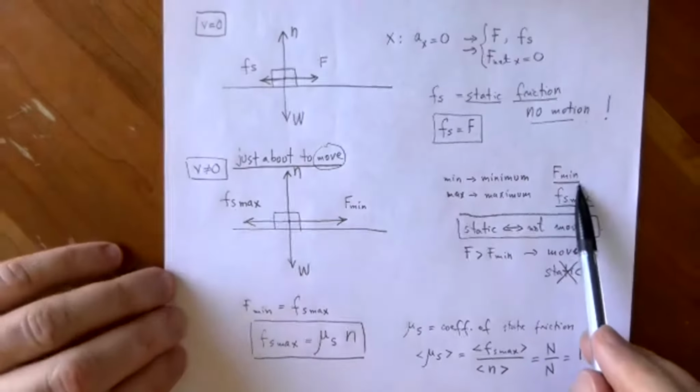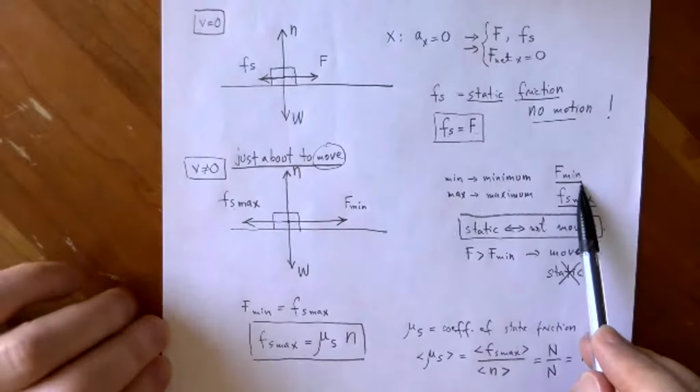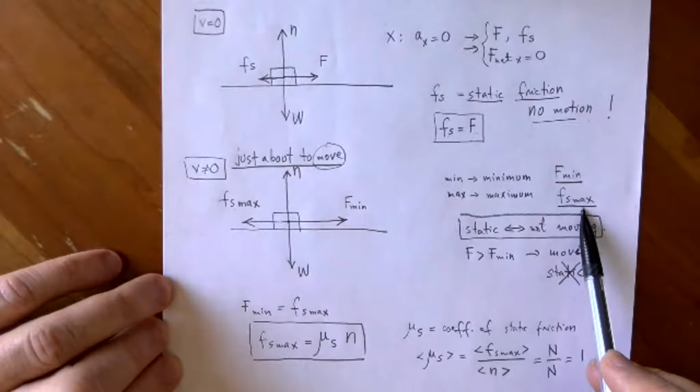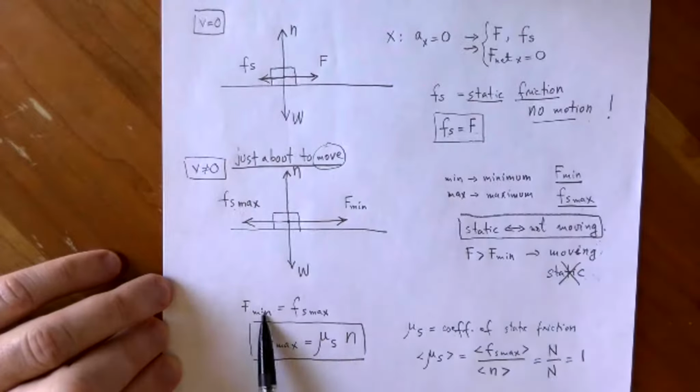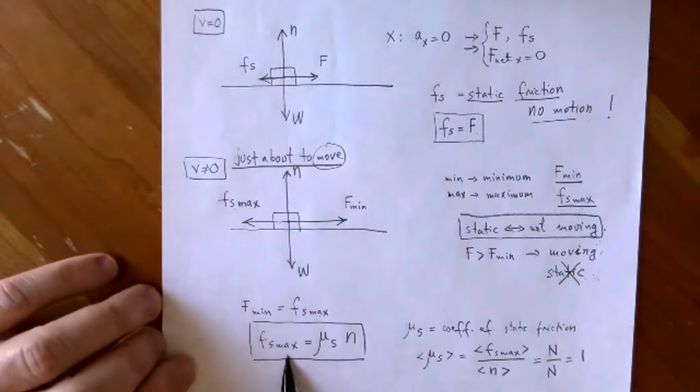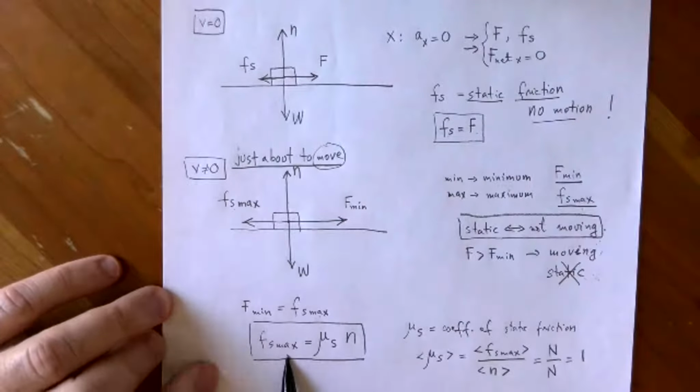So when I apply this minimum force, the static friction has reached the maximum. These two forces are equal, like before, but now we have an expression for the static friction. The maximum static friction is proportional to the normal force.